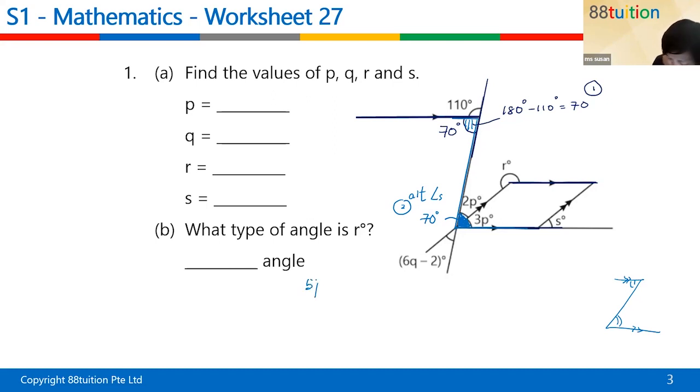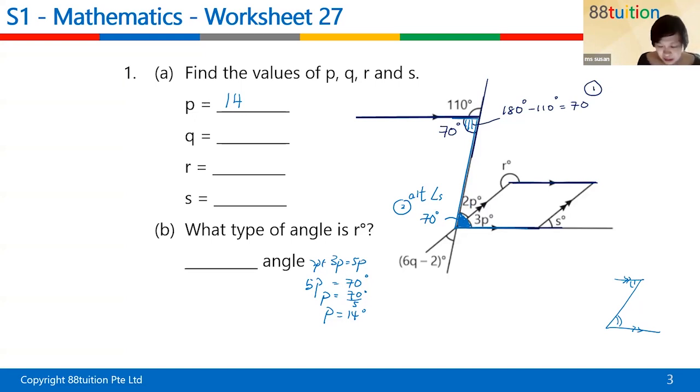Step 2 is 5p, which is 2p plus 3p, and this 5p equals 70 degrees. Therefore, p is 70 divided by 5, which gives you 14 for the single p. They say find the value of p, so it's not the angle, it's the value of p, so I don't have to put the degree.